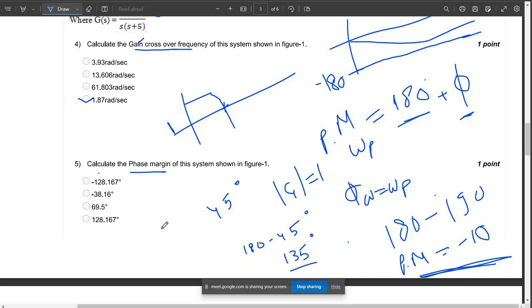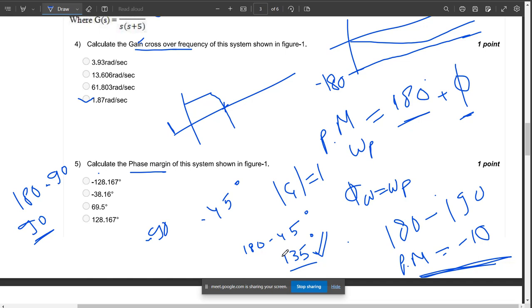Now let's say the phase is minus 90 degree. Then the phase margin will become 180 minus 90, so now the phase margin is 90 degree. So this is one system and this is another system. Which system is more stable? The one having phase margin equal to 135 degree.